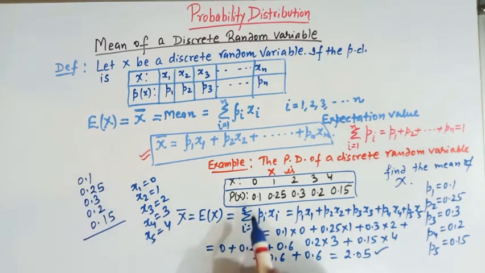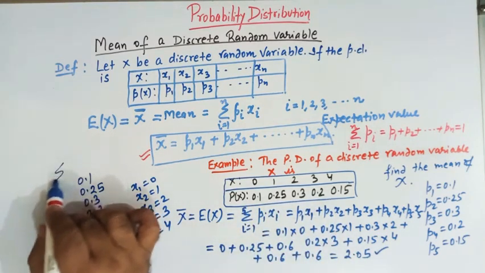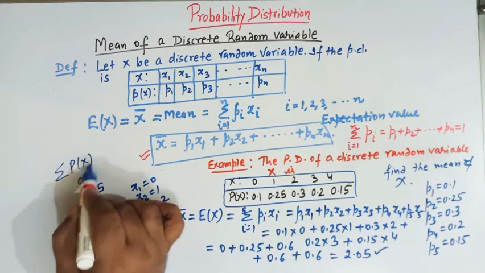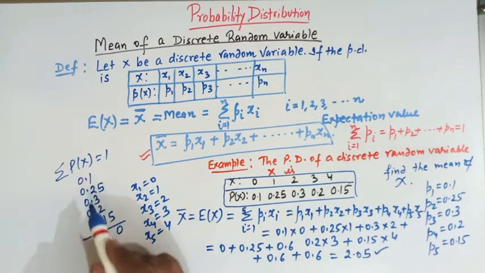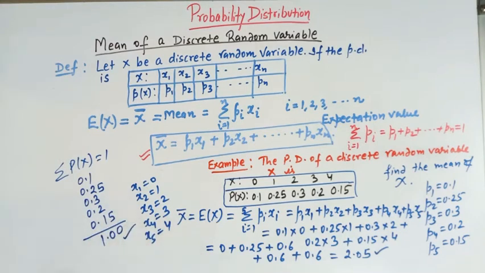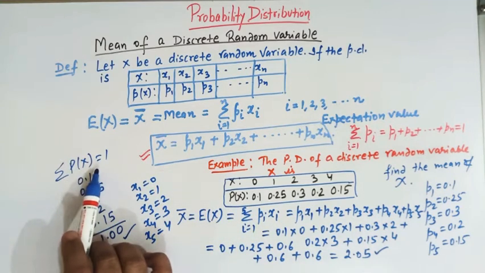So the sum of all the probabilities, that is sigma p x, must be equal to 1. As we can add these numbers, and we can easily see that the sum is 5 plus 5 is 10, then we have 2 plus 1 is 3, 3 plus 3 is 6, and then 9 and 10 and 1, right? So the sum of all the probabilities should be equal to 1.